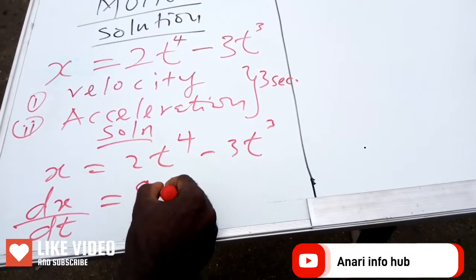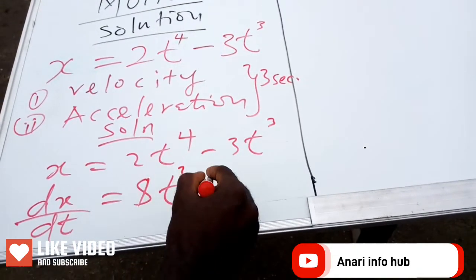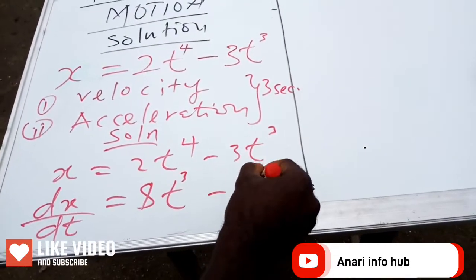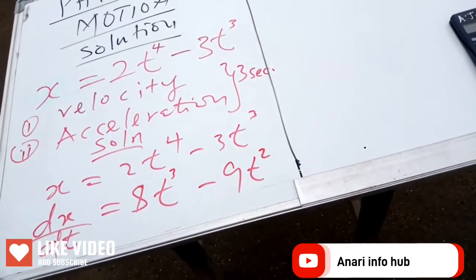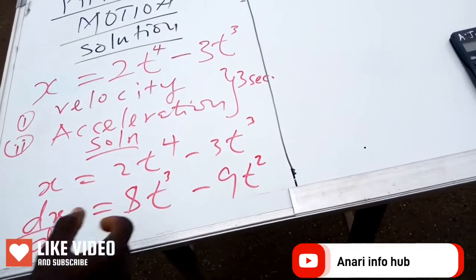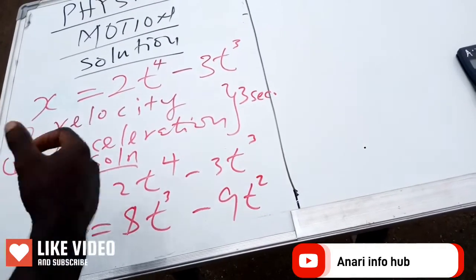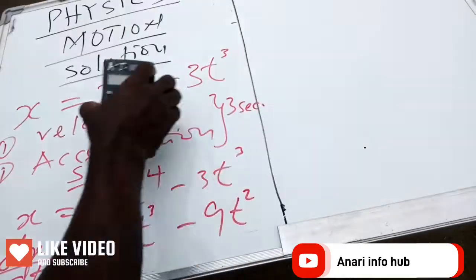So if I differentiate x with respect to t, dx/dt, this will give me 8t raised to power 3 minus 9t raised to power 2. Remember this aspect of differentiation.